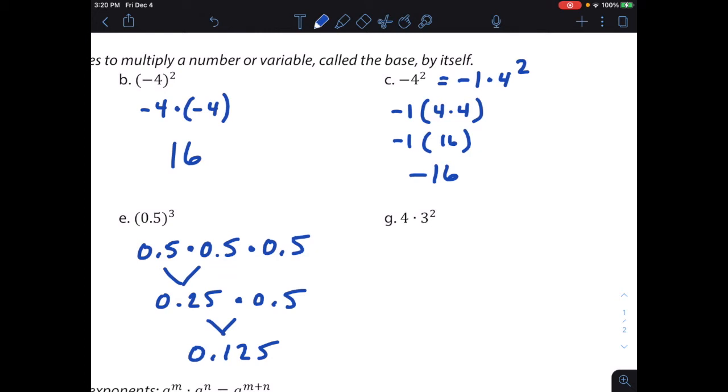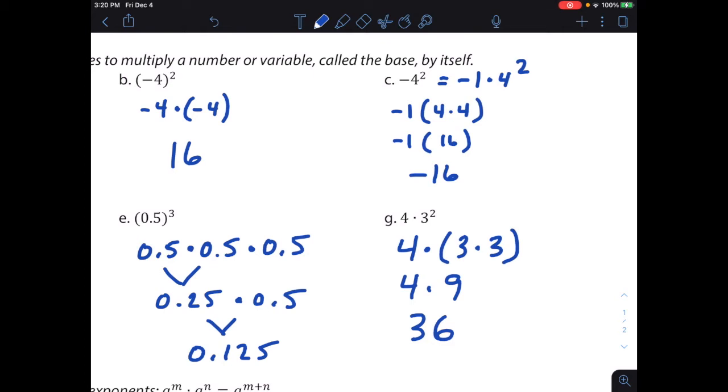But just like the example right above it, the exponent only applies to the 3. So we have 4 times 3 squared, or 4 times 3 times 3. And 3 times 3 is 9, so we have 4 times 9, and 4 times 9 is 36.